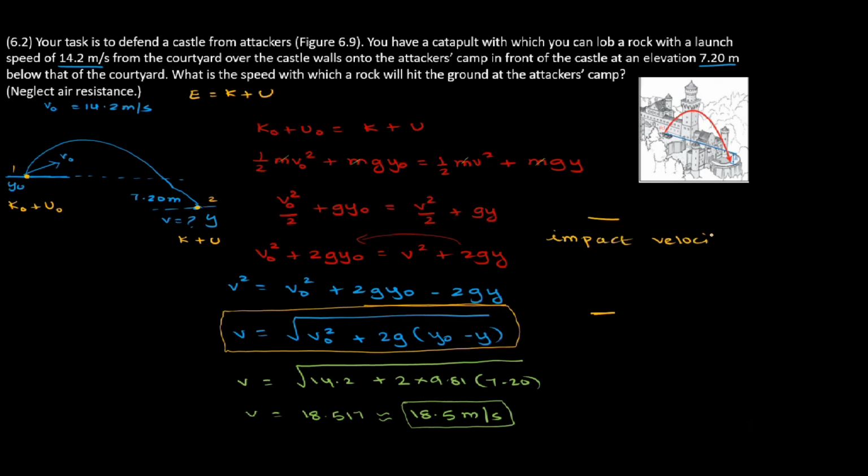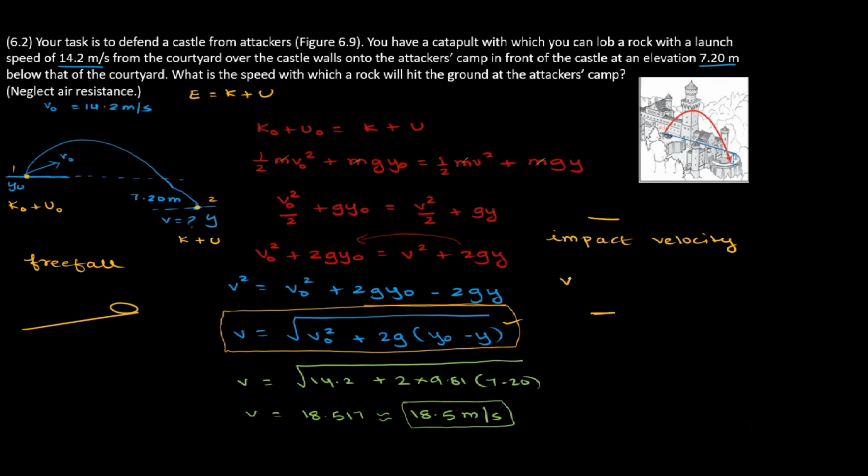Impact velocity means what impact an object will have when it is falling over a certain height and hits the ground. So anytime you have an object falling over a certain distance and the question has given you distance and not time, like in free fall motion or an object rolling down an incline, in any such situation when they have given you a height difference and you have been asked to calculate the final velocity, we use this rule. If you can remember this rule, you can directly use it.